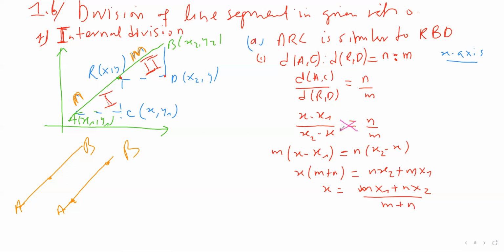Okay, so if you don't know how to do it, this is usually the idea. You take your m up, and then you take your x2 minus x to the other side.